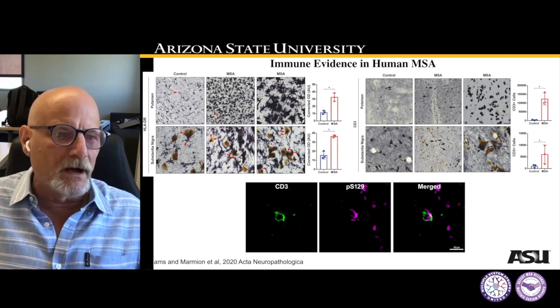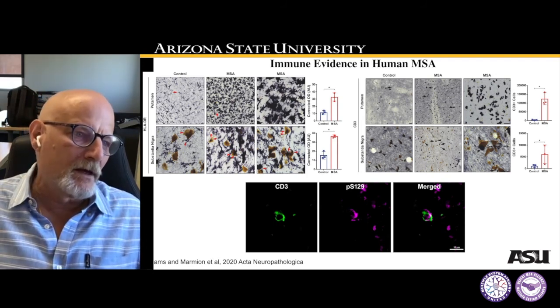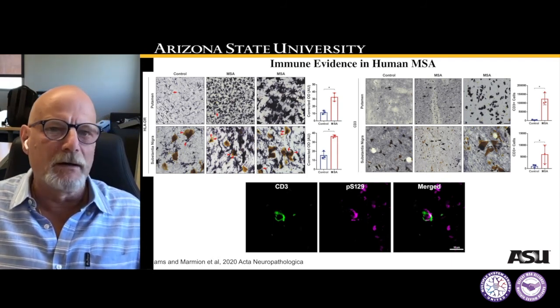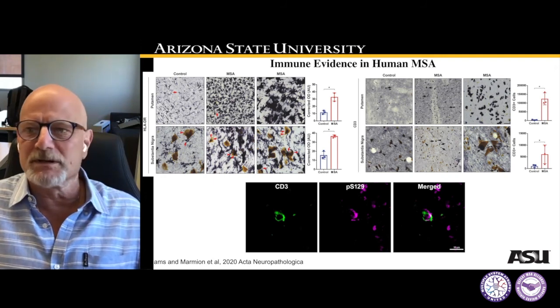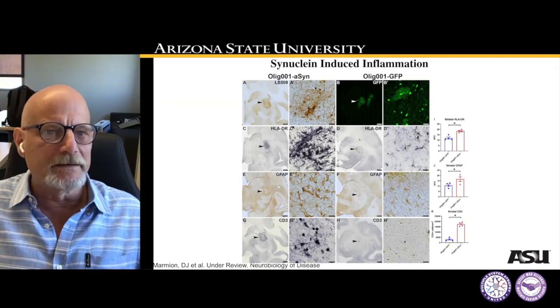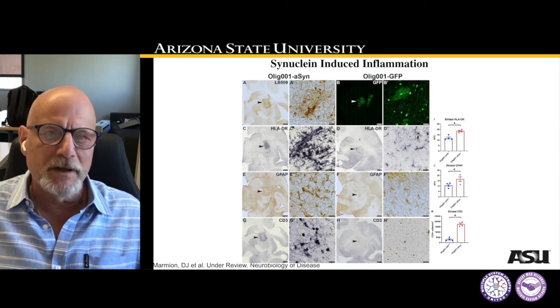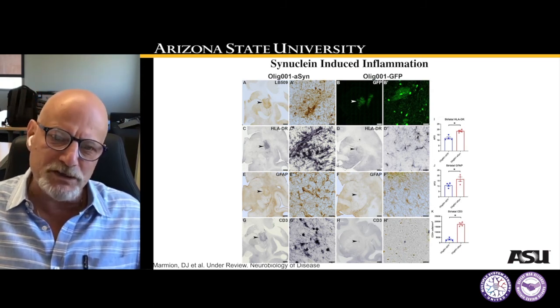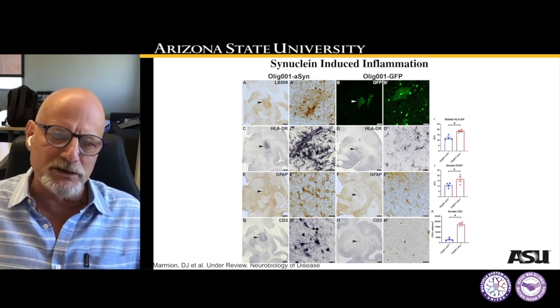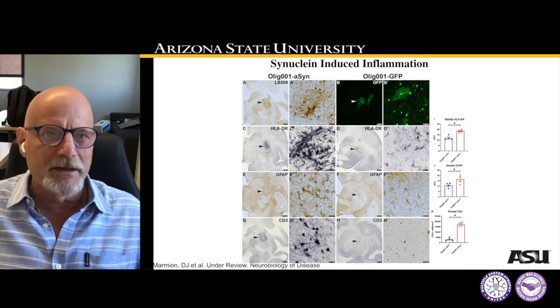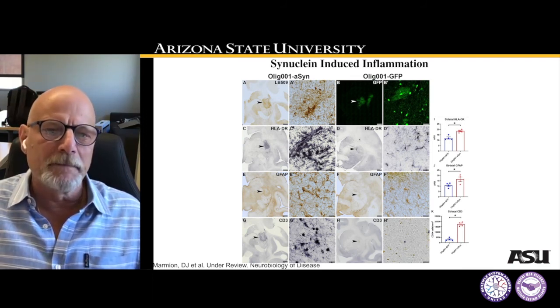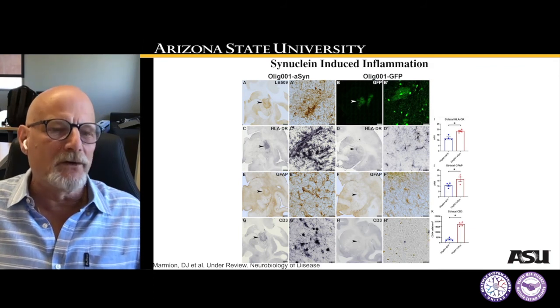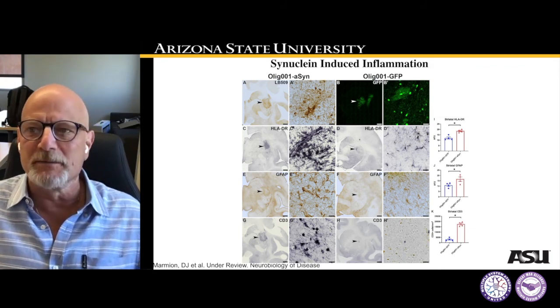We have in human MSA HLA-DR, and I'm actually going to skip this for brevity. And in terms of inflammation, you can see here the quantification of human HLA-DR, striatal GFAP, striatal CD3. That's all seen in the animal model, and all of these are seen in human MSA.